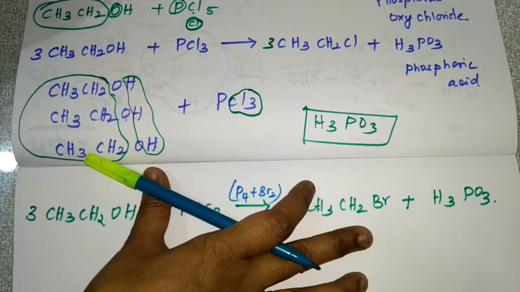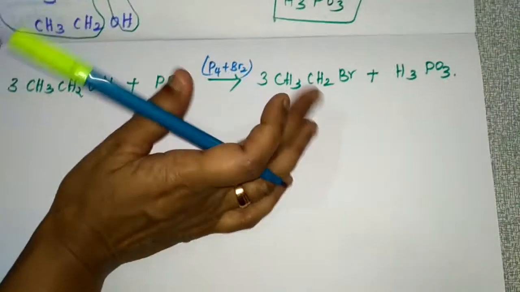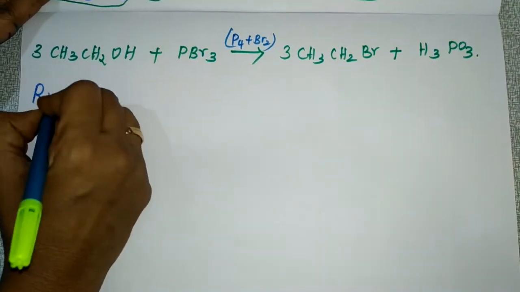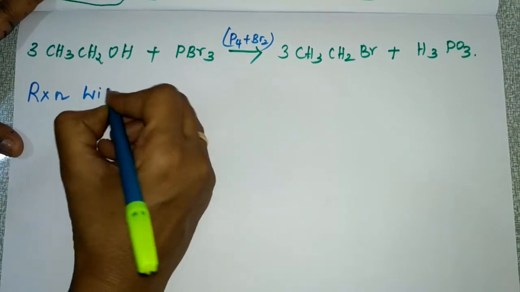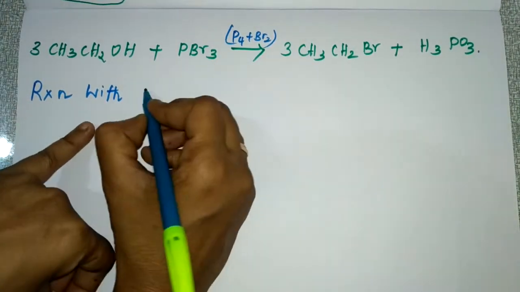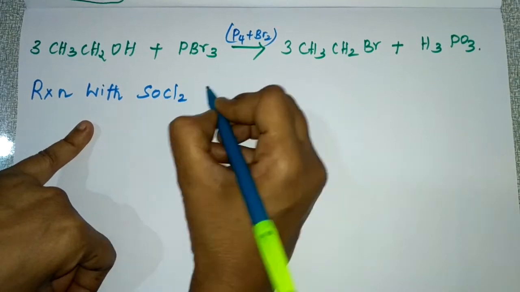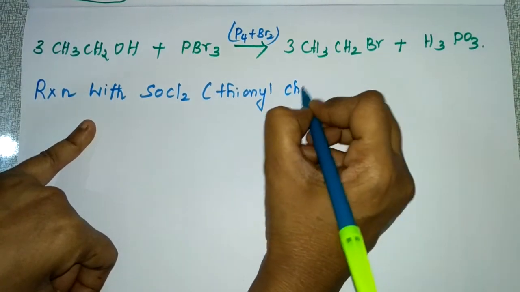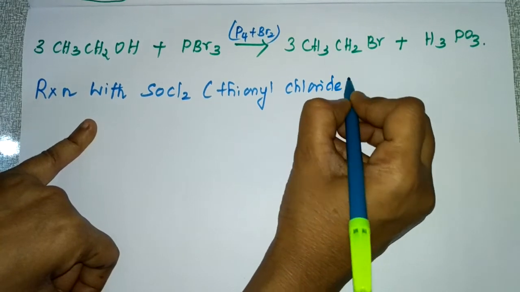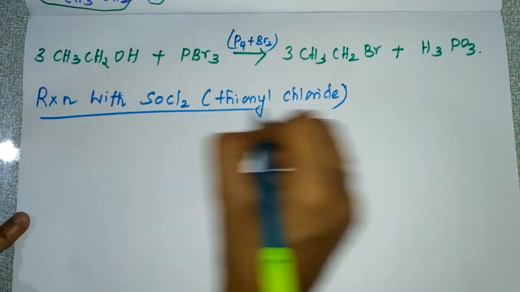One more last reaction is there, the reaction with thionyl chloride. You had already learnt this reaction with thionyl chloride in the haloalkane chapter. Thionyl chloride formula is SOCl2.